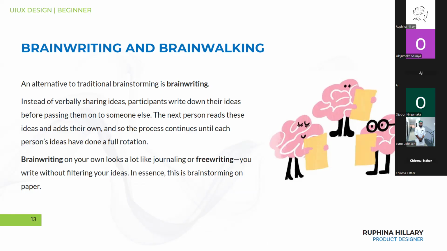The person looks at my solution and thinks, okay, I have something else to add. The person adds something else, then passes it over to the next person. The person reads both of them and thinks, oh, I have something else to add. So that's the way the paper goes around everybody till it reaches me again, and I see what everybody has written. That's brainwriting.